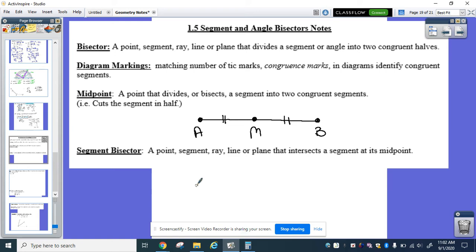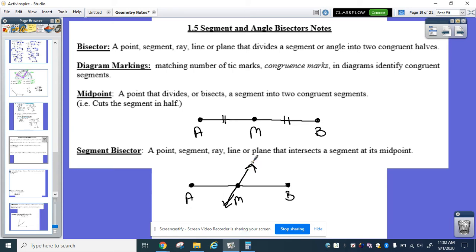But I can also have point A and point B as a line segment. I can have point M as the midpoint, but I can have something that perhaps goes through point M. Let's say it's another line. If I have a line that goes through the midpoint, that line is considered to be a segment bisector.